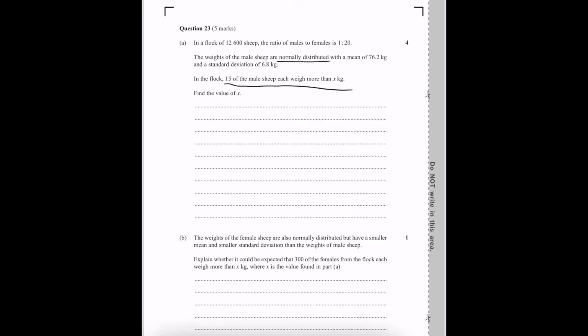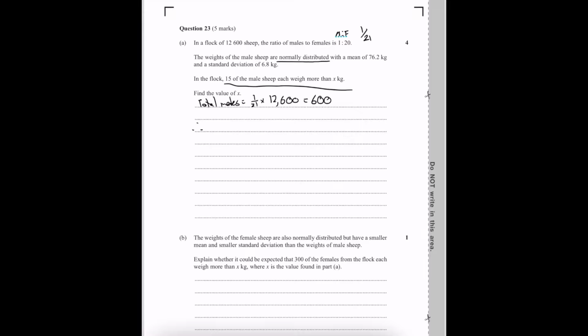We know that the ratio is 1 to 20 of males to females, which means 1 out of 21 sheep are males. So what we can say is total males is equal to 1 out of 21 multiplied by 12,600. And what we get is 600 male sheep.